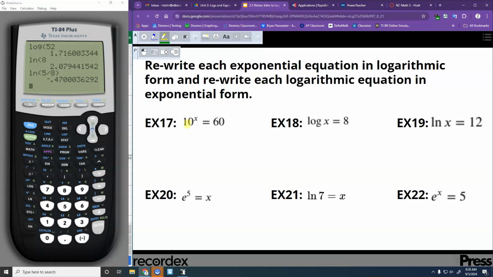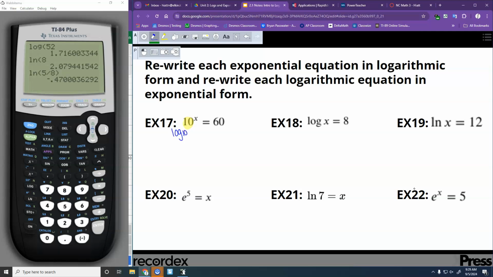If I have a base of 10 here and I'm wanting to get rid of that, right? Let's see, Scarlett, what would I do to get rid of that base of 10 right there? You'll use the same number that is the base, the number at the bottom of the exponent.